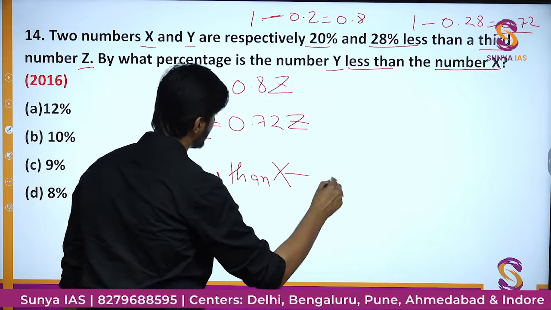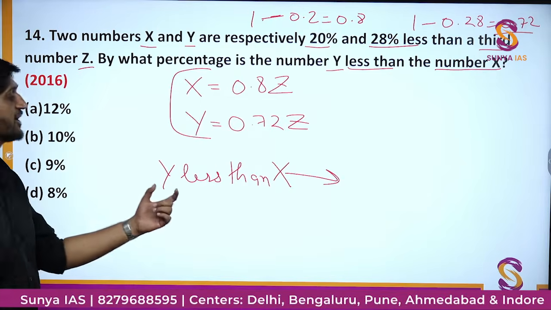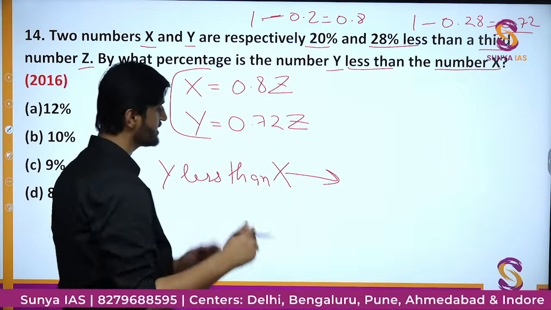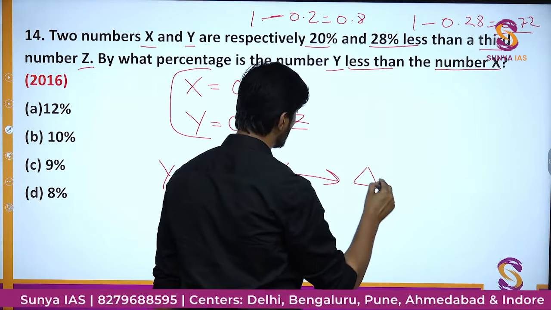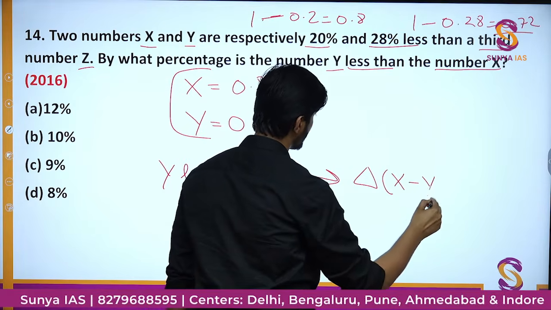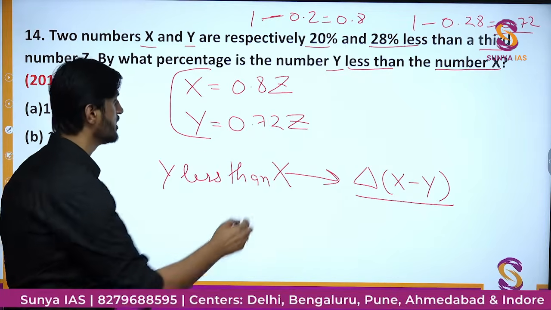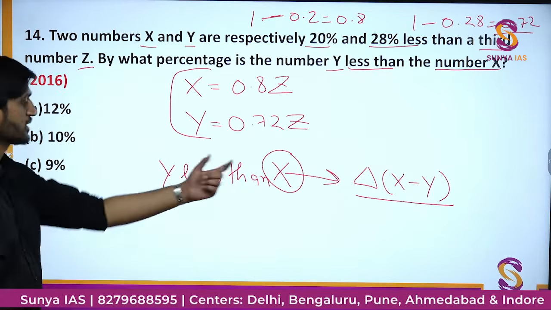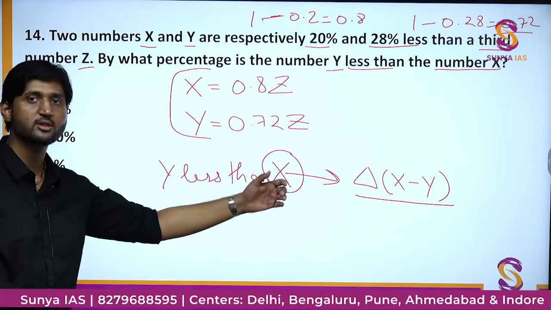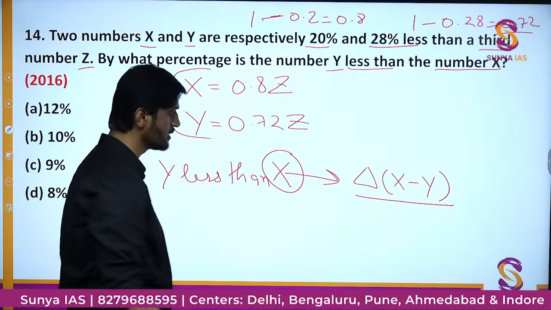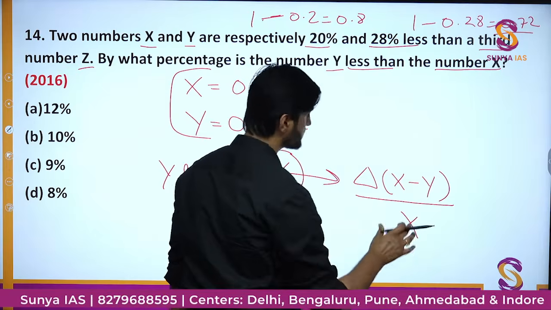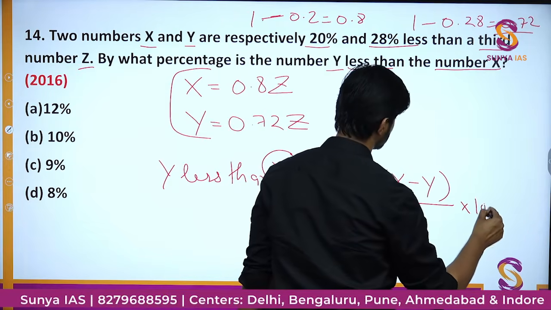In order to find the value, we have to actually first find the difference, that is how much less it is. So we have to find the difference, X minus Y, divided by the original value of X, because since we are comparing with respect to X. Why are we comparing with respect to X? Because it is how much less or how much more than X. So in the denominator will be X into 100.